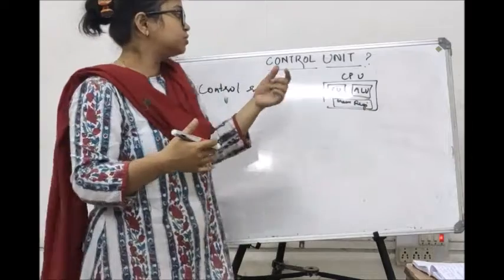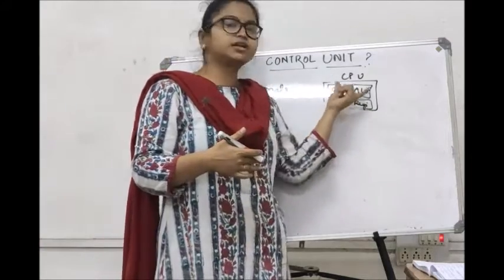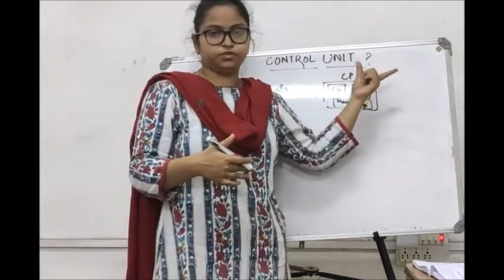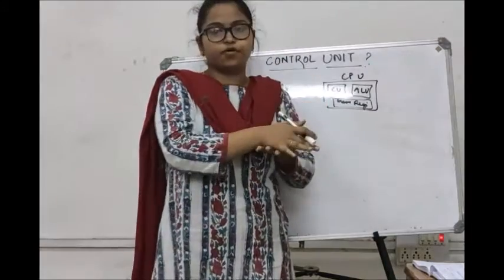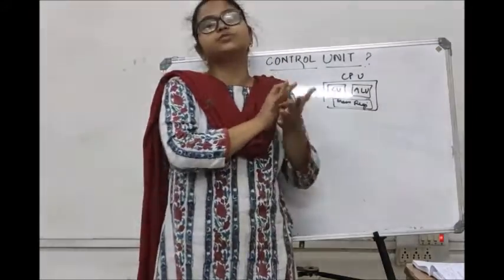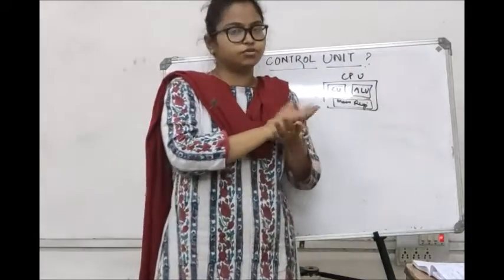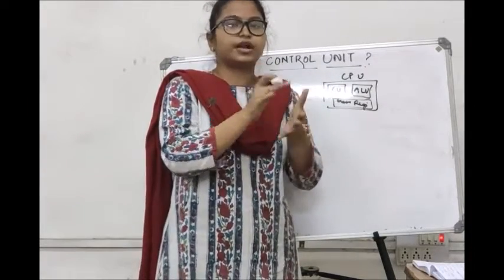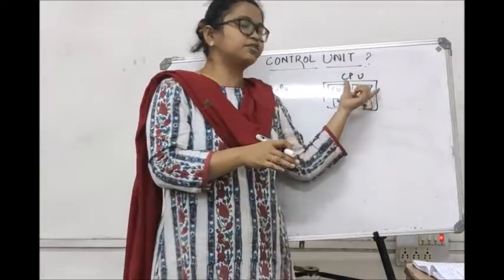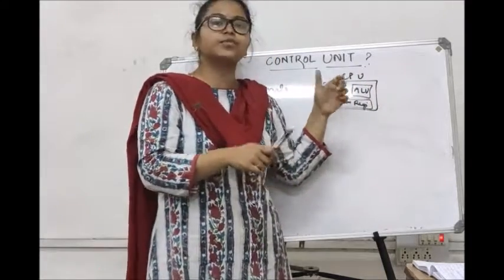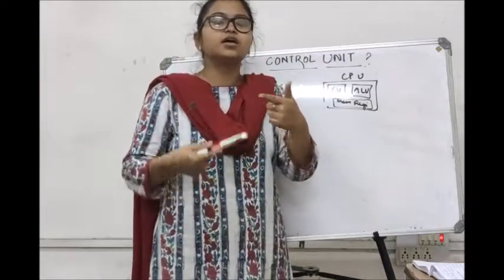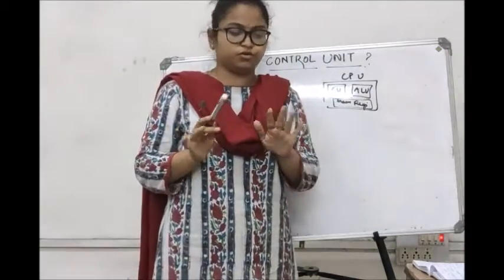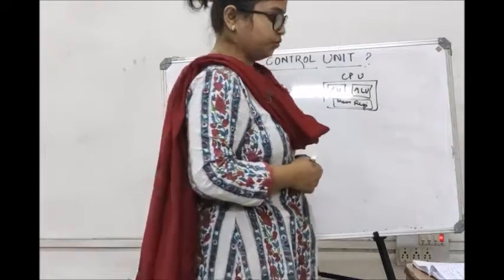Suppose the instruction is such that we need the ALU to perform some arithmetic, like multiplication or addition. For that, we need to activate the ALU. It is decided by the control unit, which sends signals as per the instruction's requirement. I hope it is clear to you.